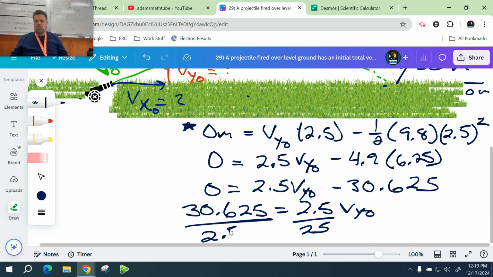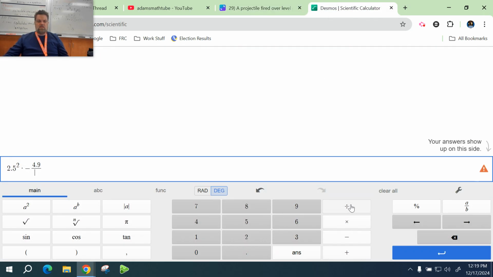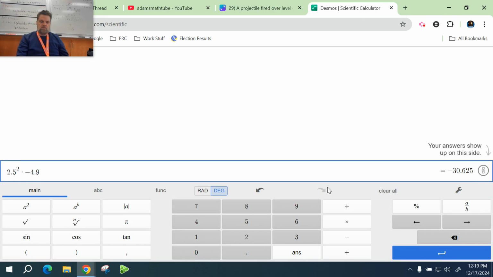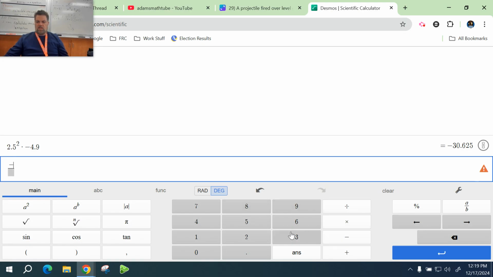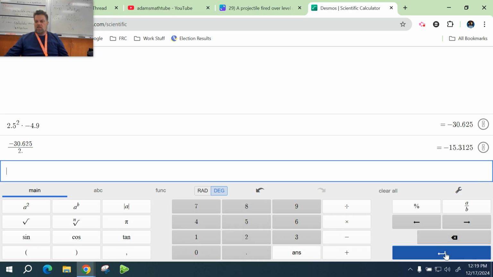So I'm going to take this number and divide that by 2.5. Okay, somewhere I think I made a mistake.